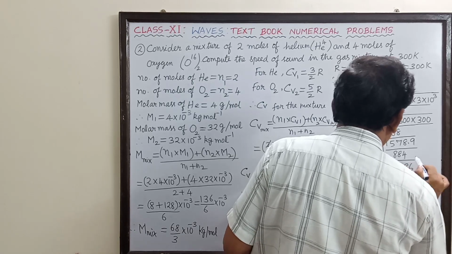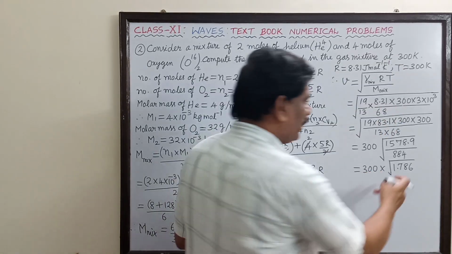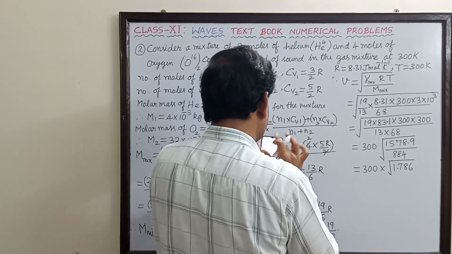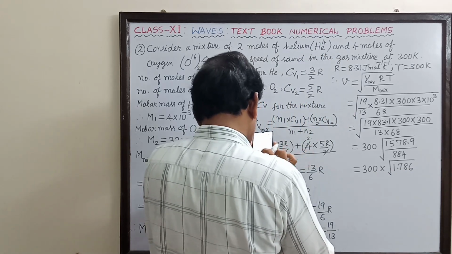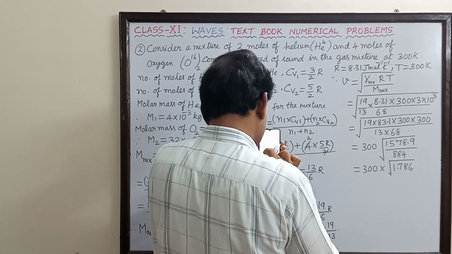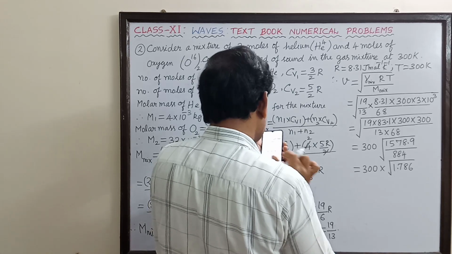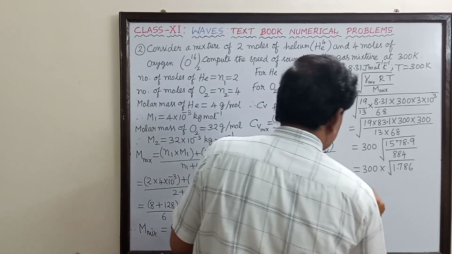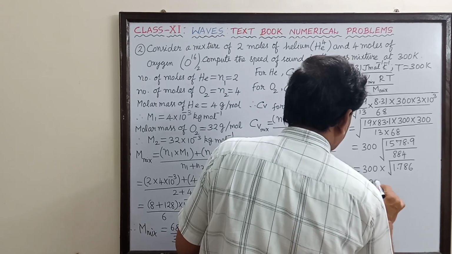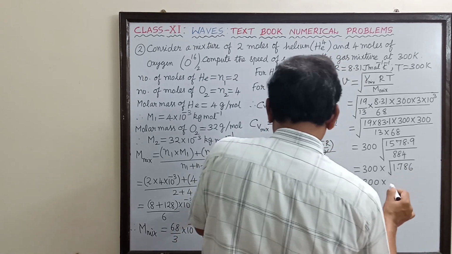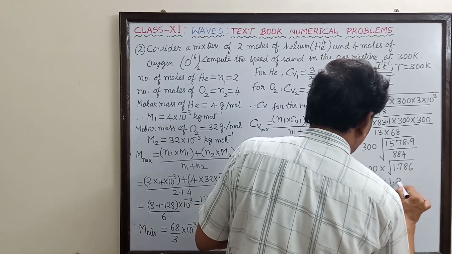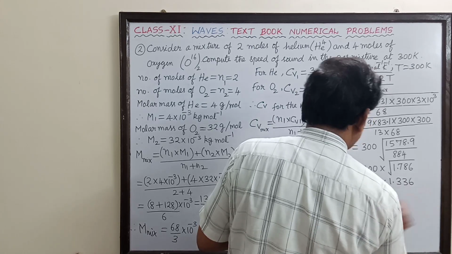1.786. So now we have to find the square root of 1.786. So this is now equal to 300 multiplied by the square root value, which is 1.336.